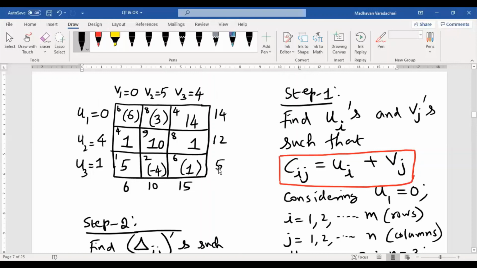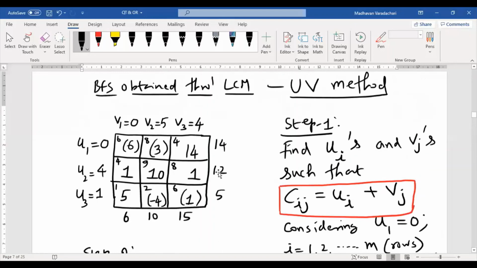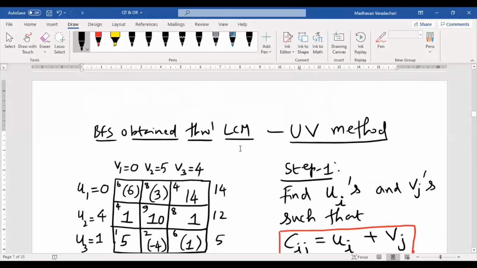Now you understand the seriousness between the LCM method and VAM. Suppose I had chosen VAM, probably we would have got all the delta ij's as positive because it was already having 143 as the cost, a least cost.